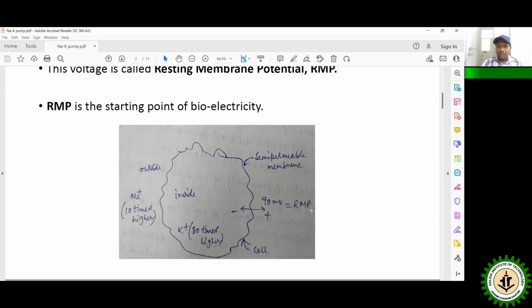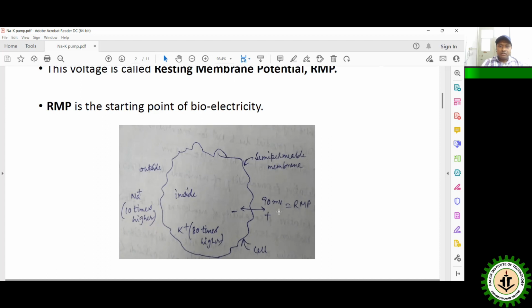Why resting? Because with potassium ion concentration 30 times higher inside and sodium ion concentration 10 times higher outside, this value is not changing due to these concentration gradients. This is why it is called the resting membrane potential, generated as 90 millivolt.